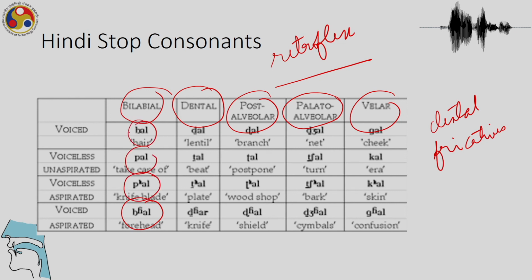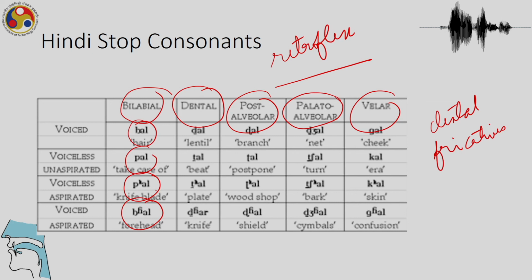Look at the bilabial or dental sounds: you have contrasts across all these positions. We have not just a voiced and voiceless contrast, we have the voiceless unaspirated, the voiceless aspirated, as well as the voiced aspirate. So we have bal, pal, phal, bhal.